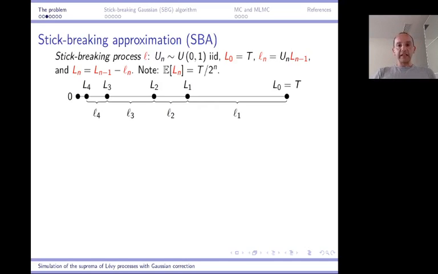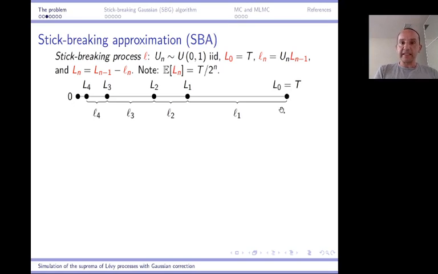Now, I want to study a general problem for all Levy processes, a general method, and that's going to be the stick-breaking approximation method. So I need to remind you quickly what the stick-breaking process is. It is independent of the Levy process, and it partitions the time interval from 0 to capital T in a simple way.